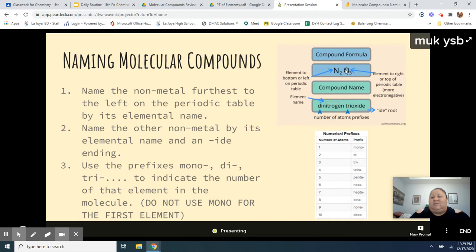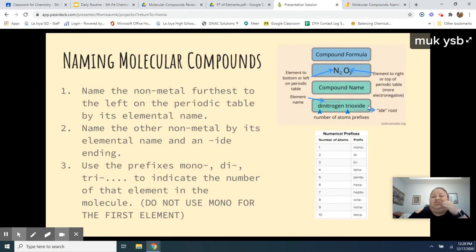Name the second element, but be sure that you are including the ending of IDE. Your ending for this element, oxygen, should change to IDE. Let's see what they did. First element, it's called nitrogen. They didn't change it. Oxygen, once you drop the ending, changes into oxide. Rule 1 and rule 2, step 1 and step 2, done.